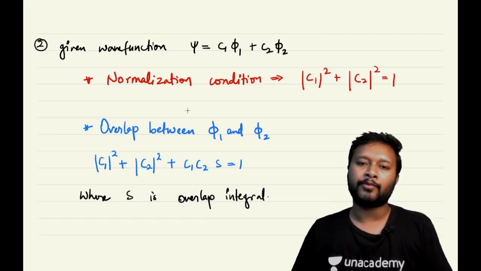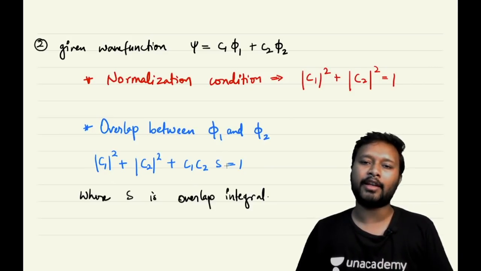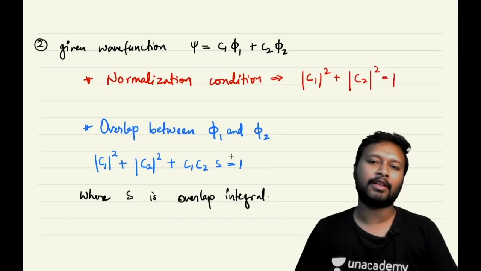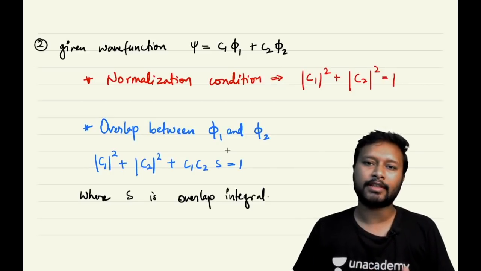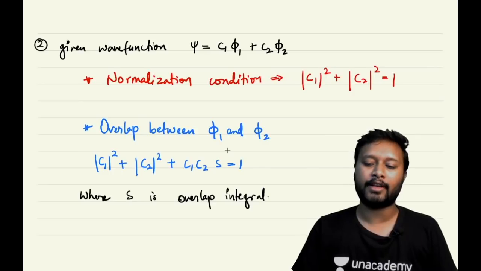Here you will be given C1 and C2 as numerical values in the question. You put in their values and calculate the value of s, where s is your overlap integral, and that tells you the percentage overlapping of phi 1 and phi 2 to form psi. So this is the second type on the basis of valence bond theory.